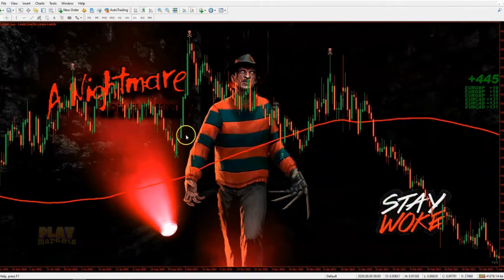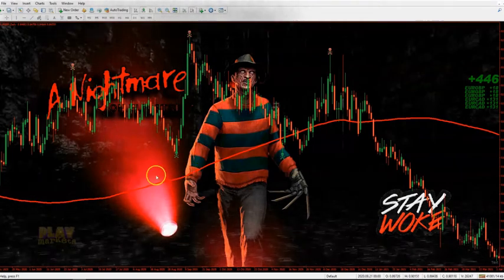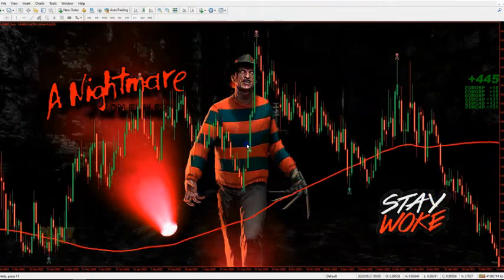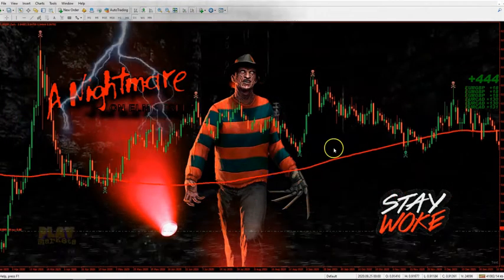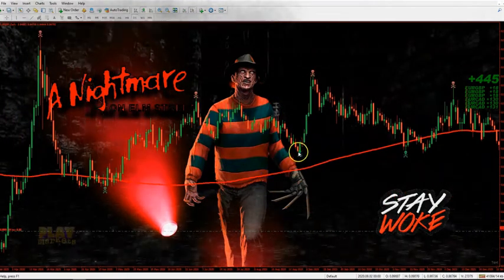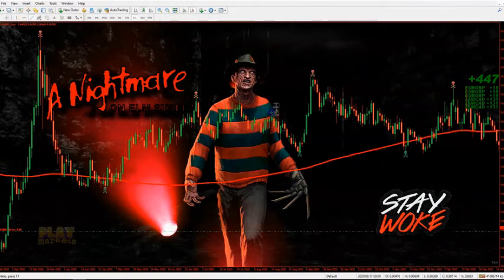Now, if we're looking for trades above the 200 moving average, we're obviously looking for the green skull. Every green skull that's over the 200 moving average has an 80% win rate, so those are trades you want to take. Normally what I'll do is a trend line break on that.